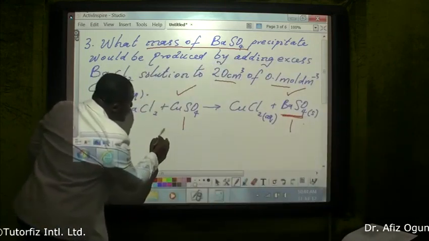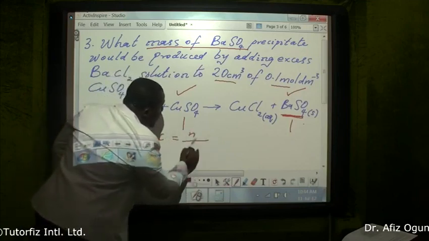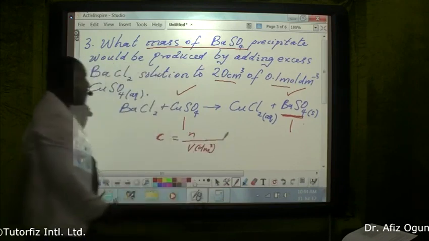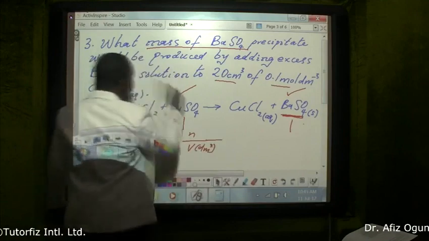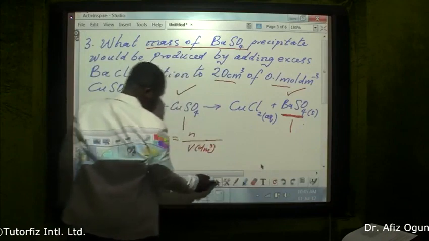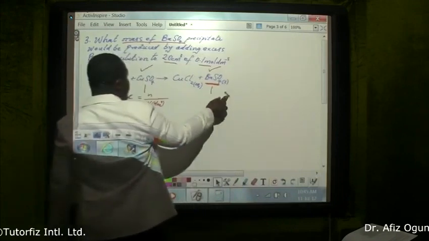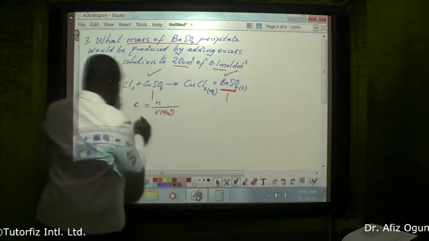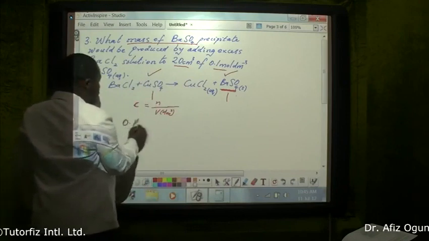Now, getting the mole of this, I know concentration equals mole divided by volume in dm³. That is to say, the concentration I'm given is 0.1. 0.1 equals n divided by volume.